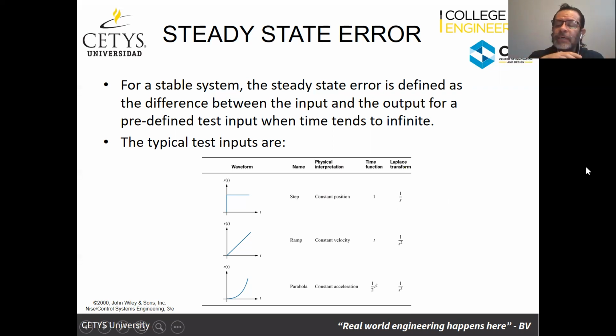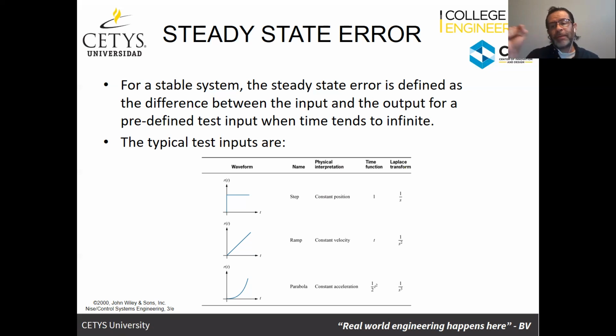Now, the next type of test input that we're going to talk about is the ramp. What would a ramp represent? A ramp is going to represent a position that is changing at a constant rate. Or, if we express this in other terms, it's going to represent a velocity.